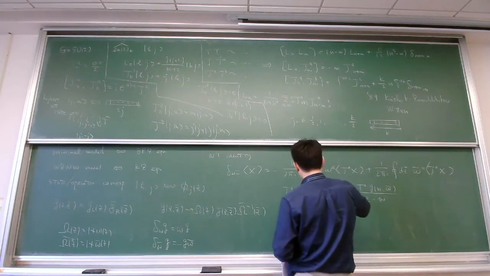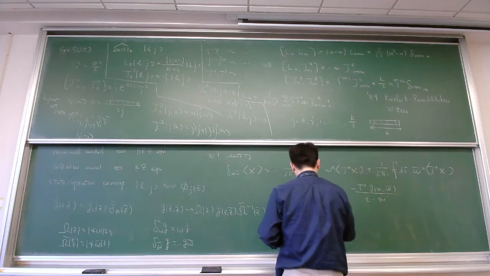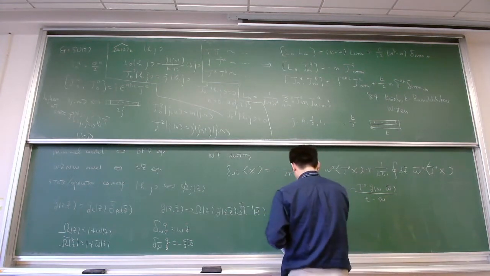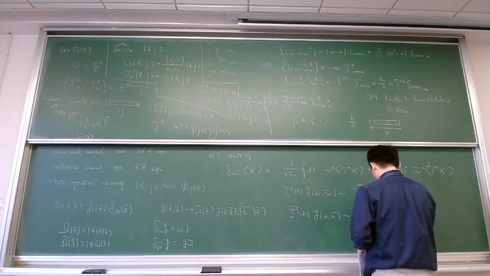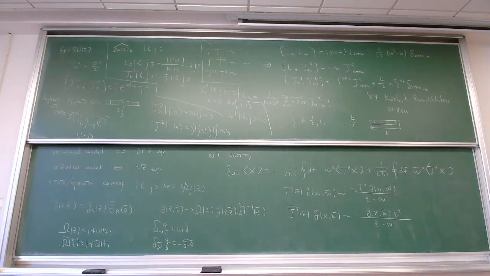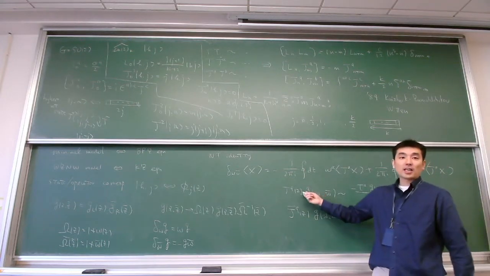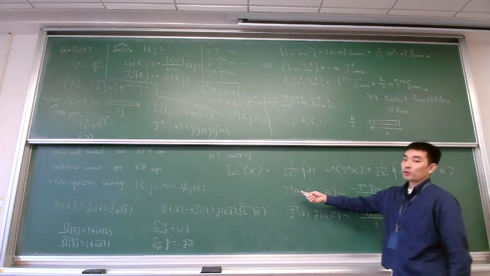So you just need to plug in. So that's the OPE you get between the G that appears in the Wess-Zumino-Witten action and the Wess-Zumino-Witten current.